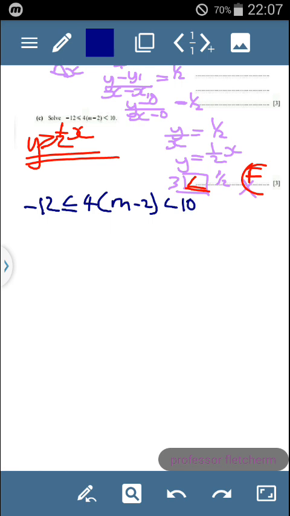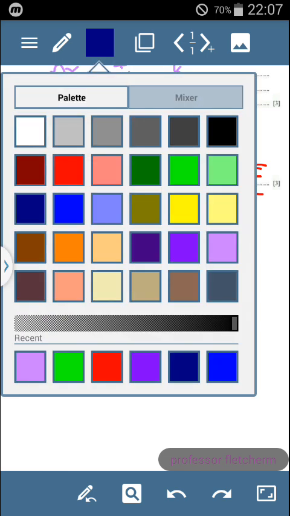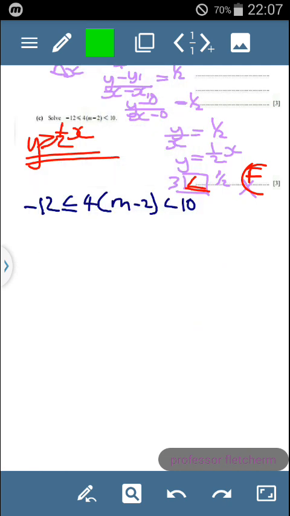To make this easy, we just split where the inequality signs are, and then we come up with two inequalities.